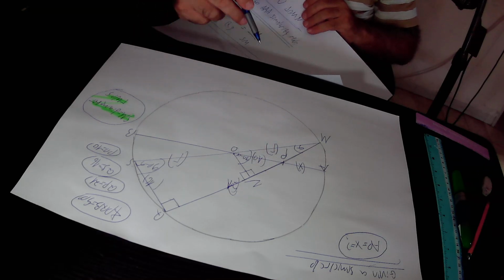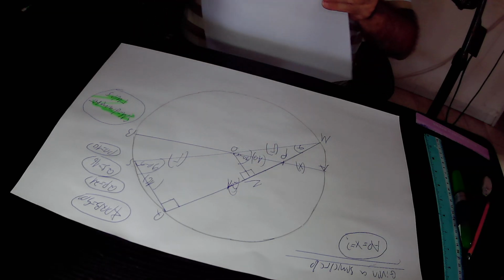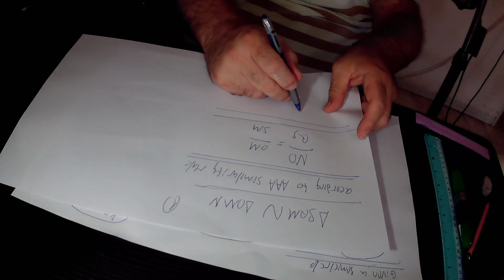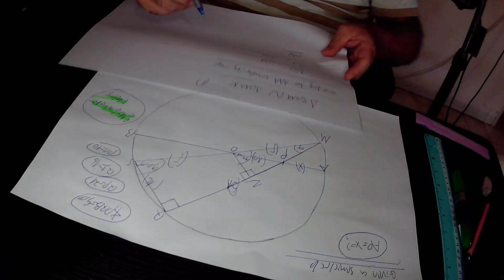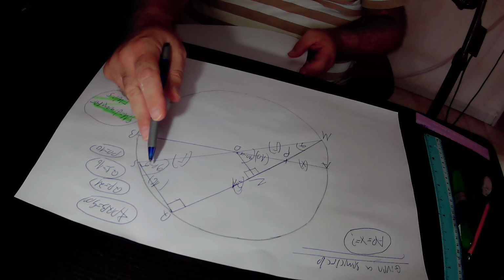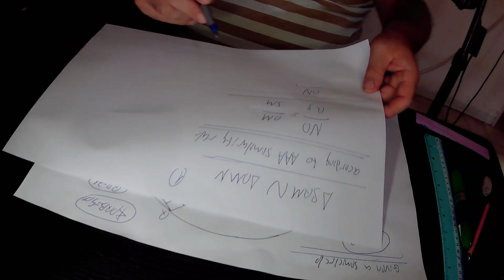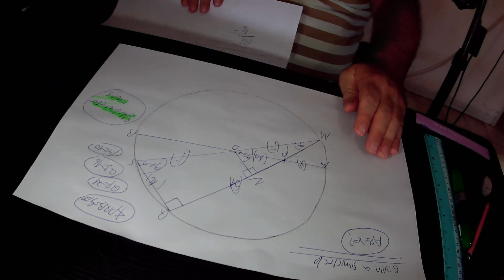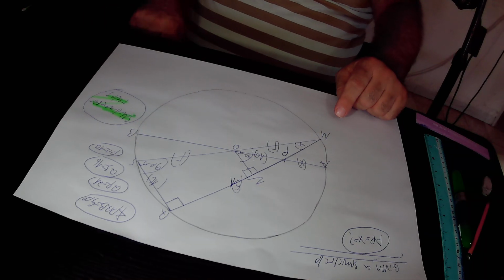ON is the missing side, so we leave it as it is, over QS. QS equals 16 units in length according to what is given in the question. And it is equal to OM.